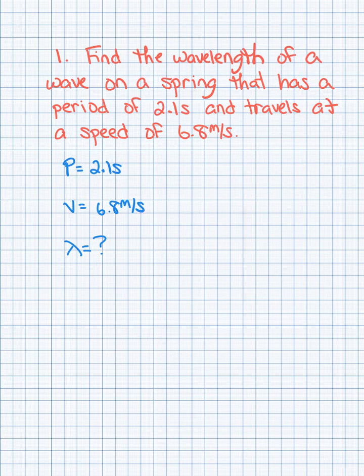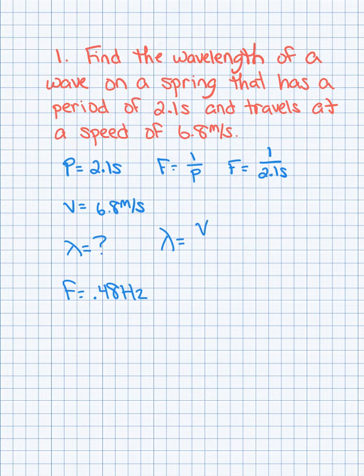Before I can go and calculate wavelength, I need to know the frequency. Frequency is 1 over the period. So frequency is going to be 1 over 2.1 seconds. So my frequency, which I can add right to my data, is going to be 0.48 hertz. Now that I know that, I can go to solving for wavelength.